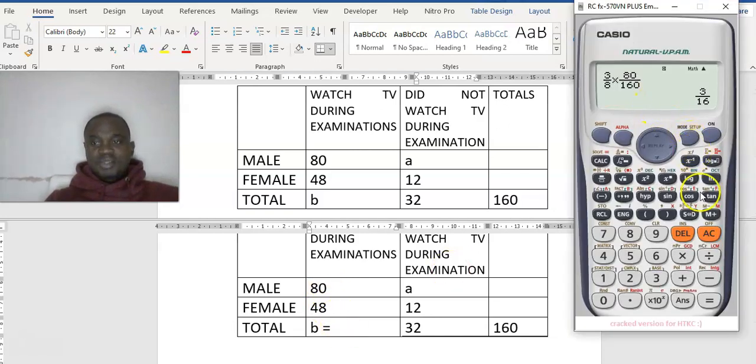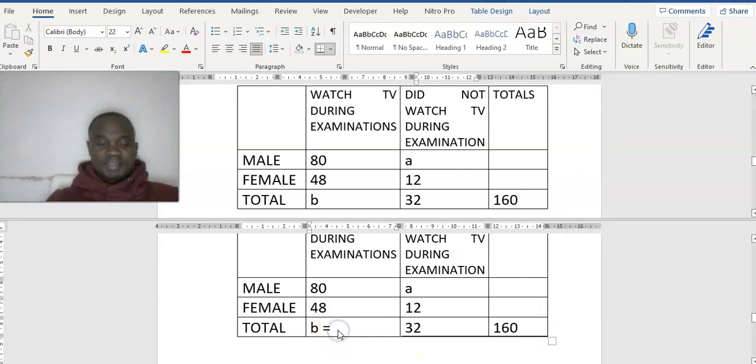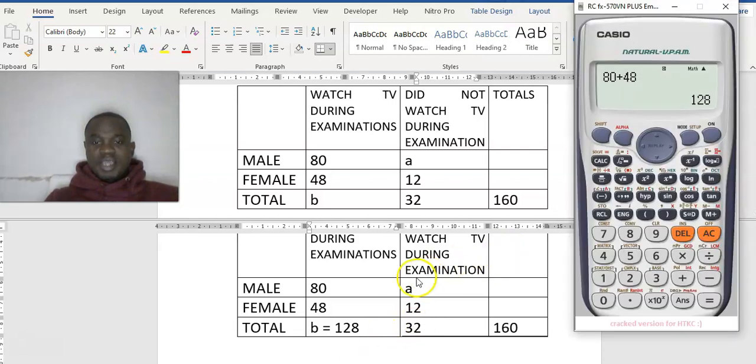So we have 80 plus 48, which gives us 128. Then we know we can also find A. How do we find A? It's 32 minus 12, because A plus 12 should give you 32. So to get A is going to be 32 minus 12.